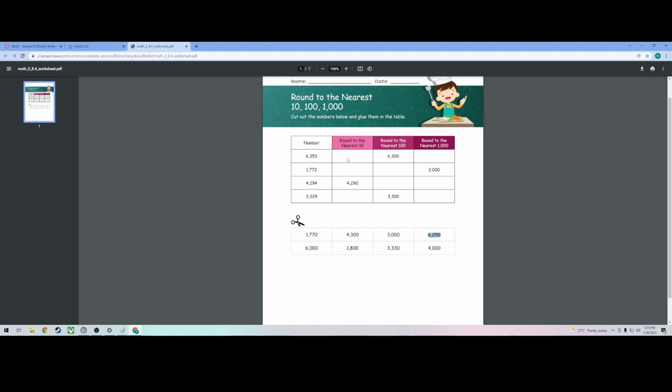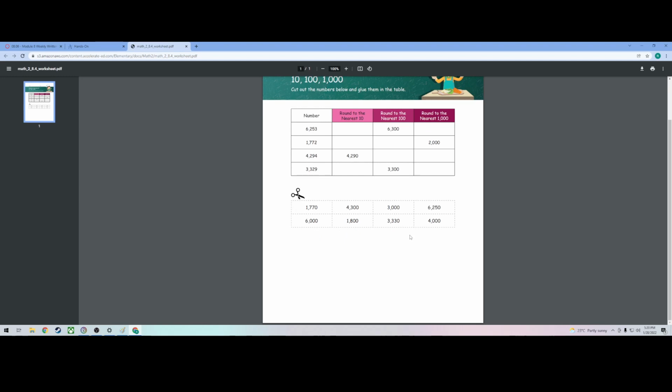This one comes here. Then to the nearest 100, 253, because I am in hundreds now. Rounding it to the nearest 100 is 300. Now rounding this to the nearest 1000 means I have to start here. 6253 comes between 6000 and 7000, but it is nearest to 6000. So the answer is 6000 here. And same with the remaining.